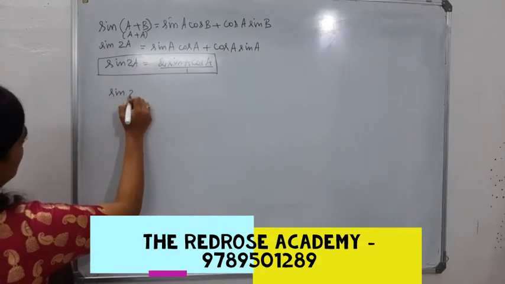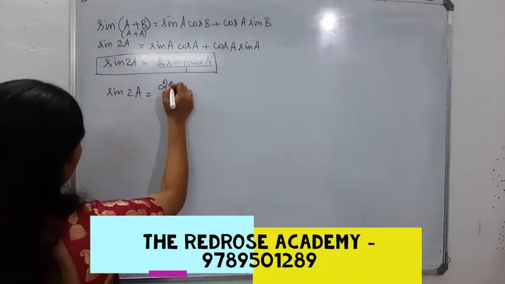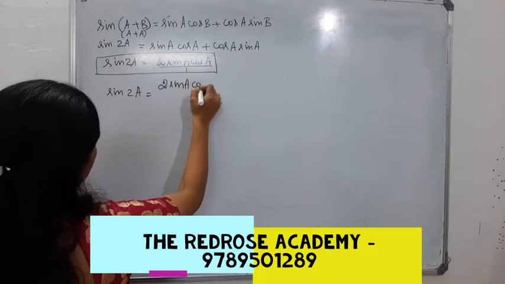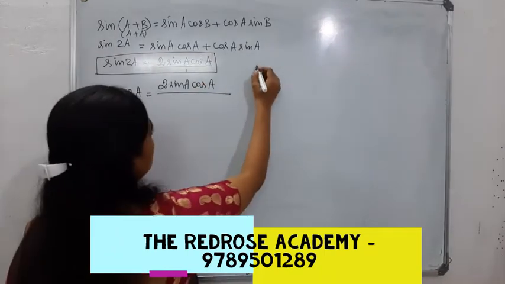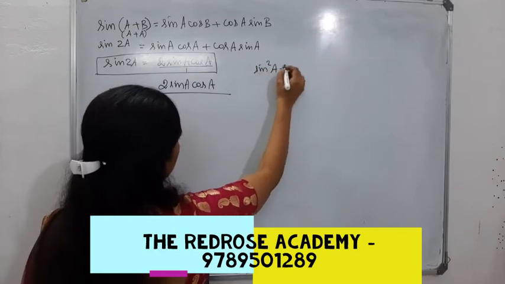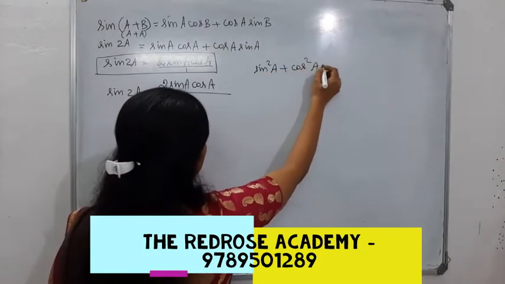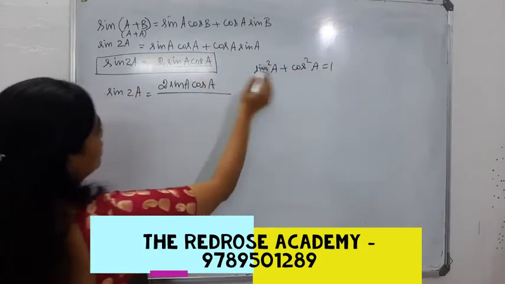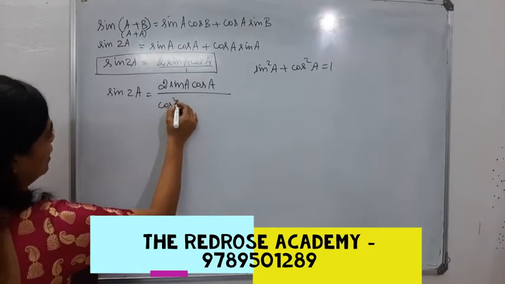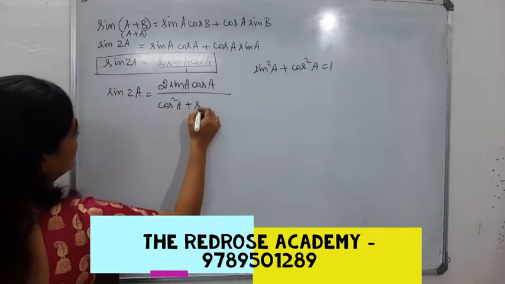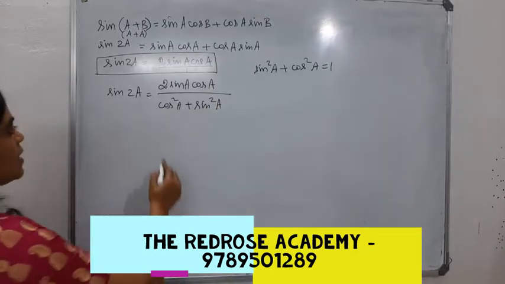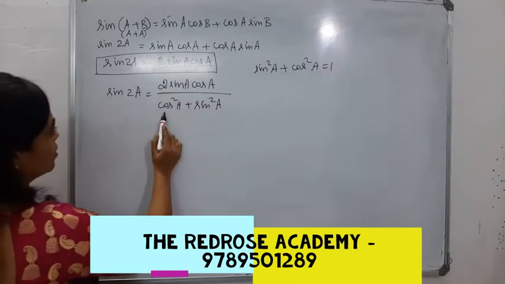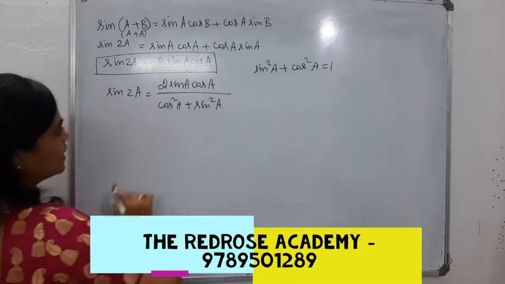So instead of writing 1, we are going to use the identity sin square a plus cos square a equals 1. So instead of 1, we write cos square a plus sin square a.